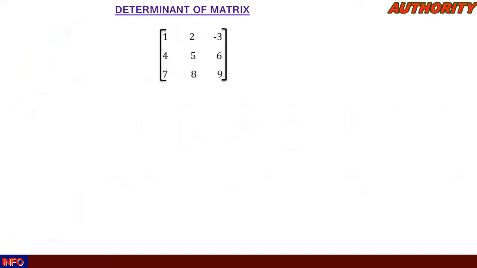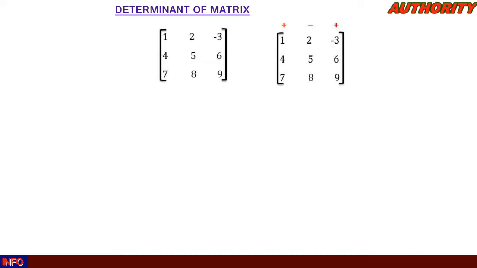All right, now let's go. The next thing we're going to do is to assign your signs, that is plus, minus, plus. Okay, now let's go. Picking the first element in the first row, first column, which is 1.